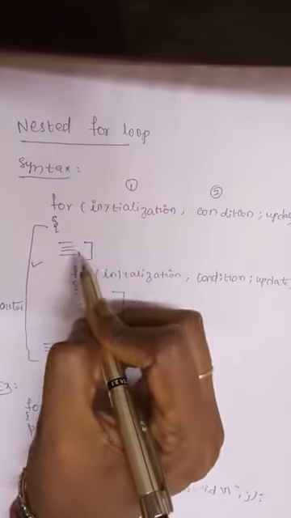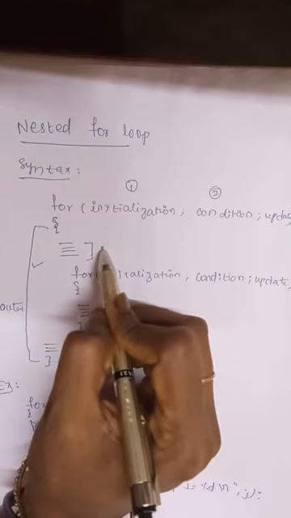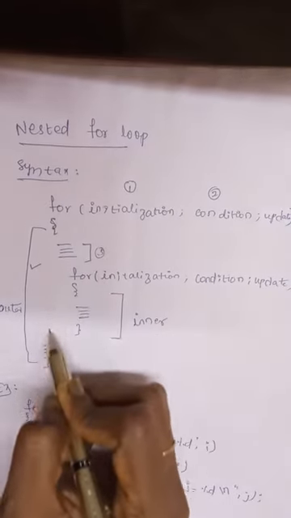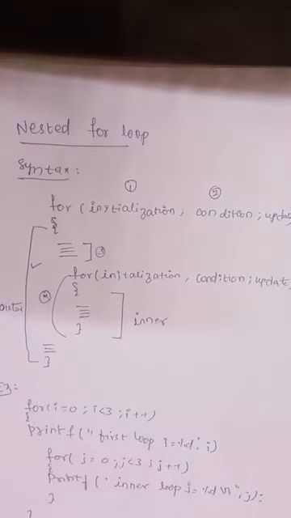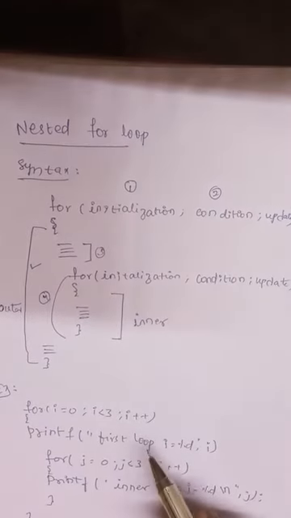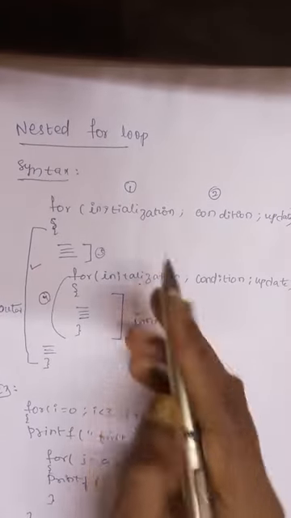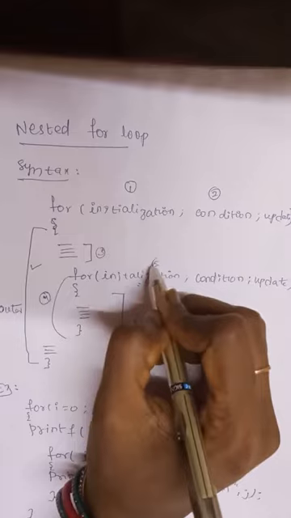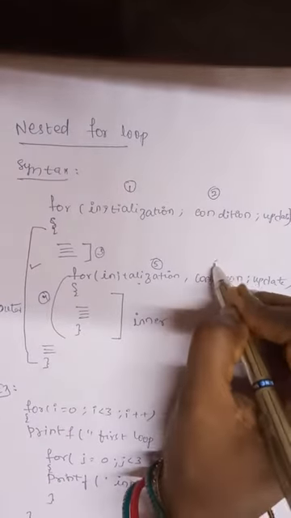Now here first of all we have some set of statements. These statements will be executed first. Then it goes to this for loop. Right? Now in this for loop, again you are doing initialization. So this initialization will take place. It will be tested here.